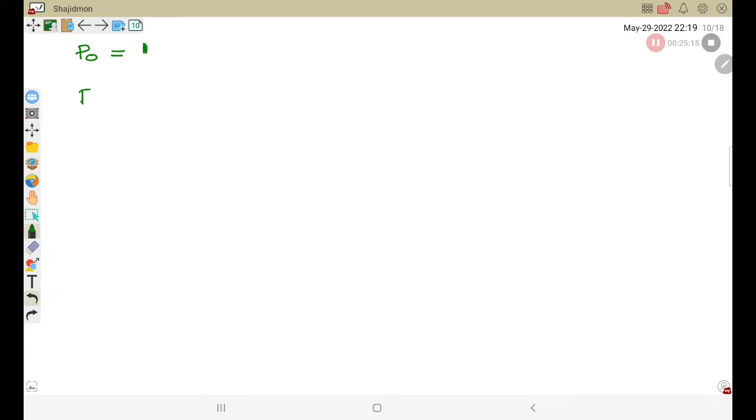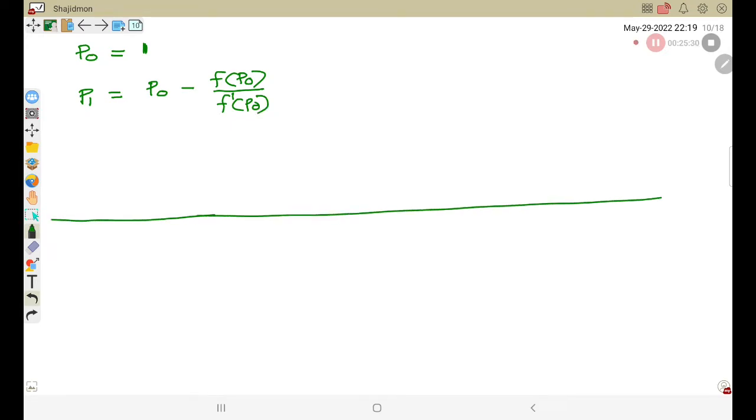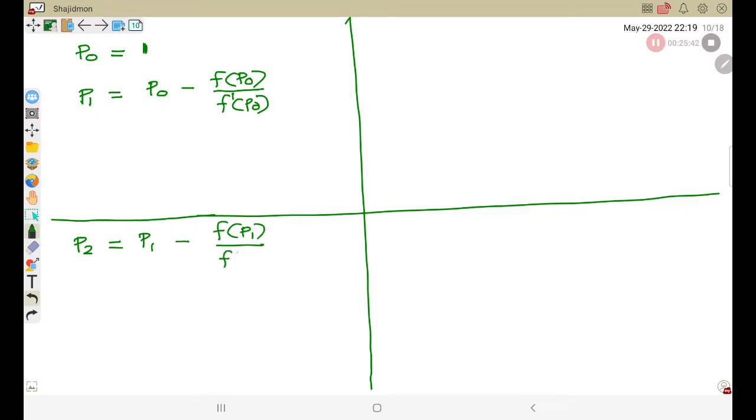Now first find what is P1, write the rule, P1 means P0 minus f of P0 divided by f dash value at P0 number, okay? After that we need to calculate what is P2. P2 means P1 minus f of P1 divided by f dash of P1, okay?